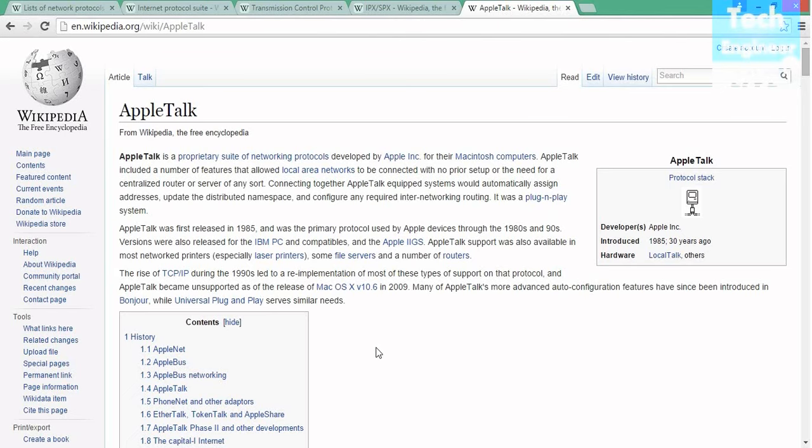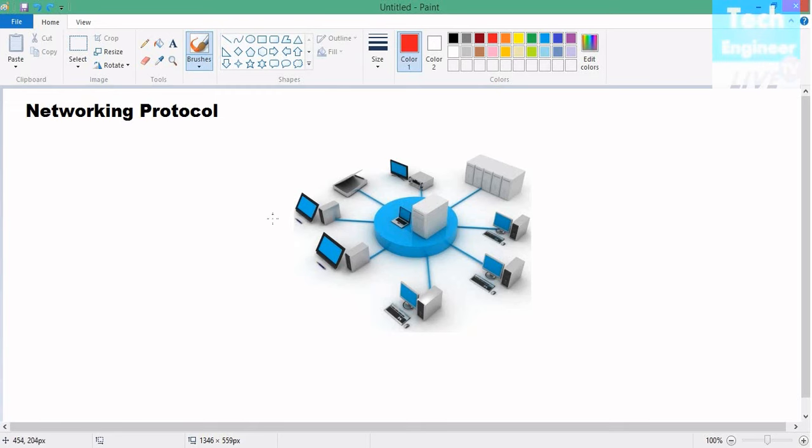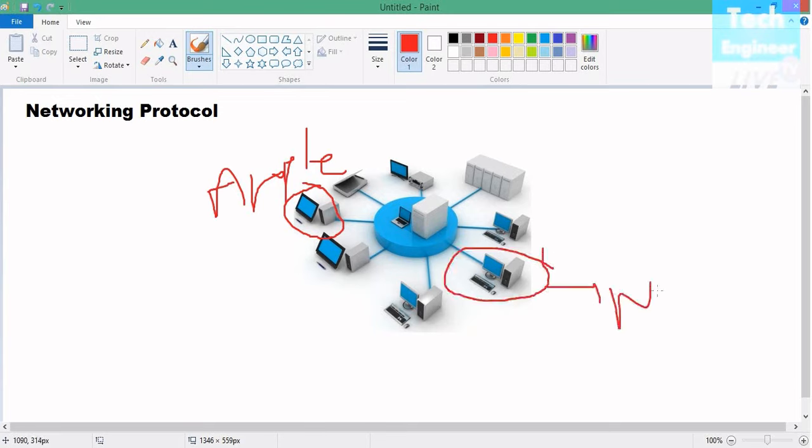They created them because they wanted their own computers to communicate with their own computers. But the problem with these proprietary protocols is, for example, when an Apple computer wants to communicate with a Novell computer, both languages and both protocols are different. Then how are we able to communicate?